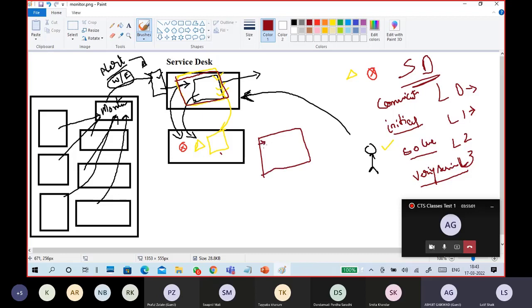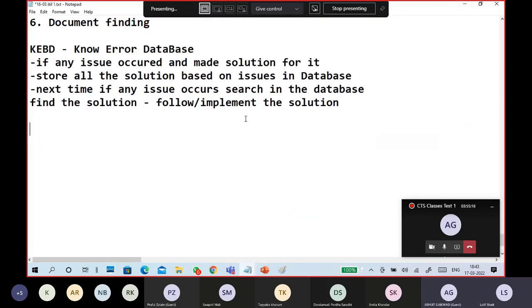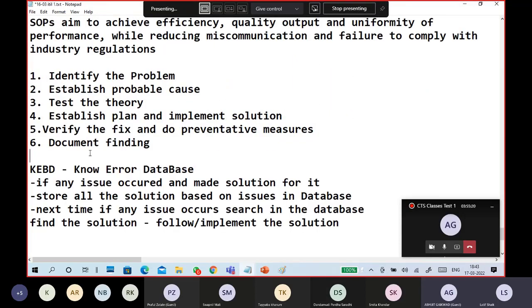This is the issue and there is a solution window. This is the solution. Okay, take a solution, implement the solution based on the current situation and fix the issues. So you need to have 100% knowledge of how to fix the issues. So this is KEDB, known error database.